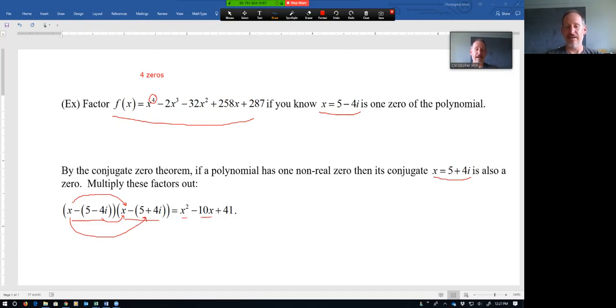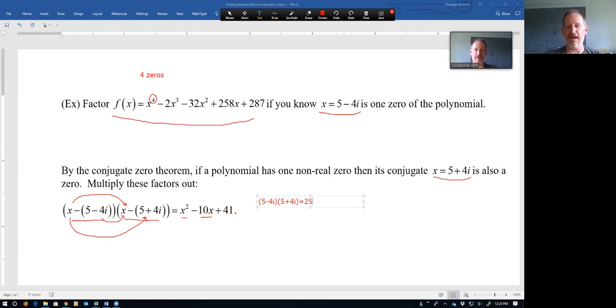And then I can actually distribute the last parts here. So when I distribute the 5 minus 4i and 5 plus 4i, I'll get 5 times 5, which is 25.